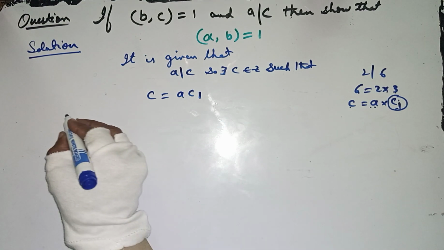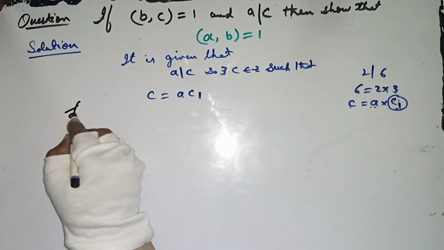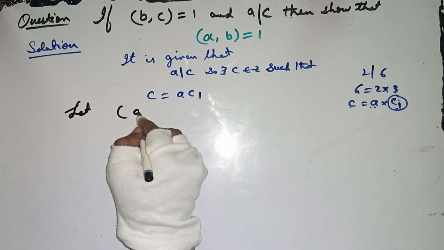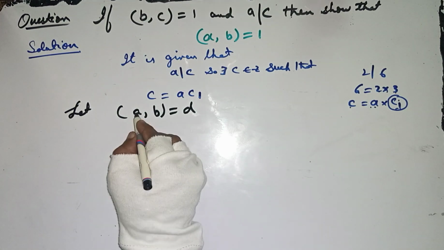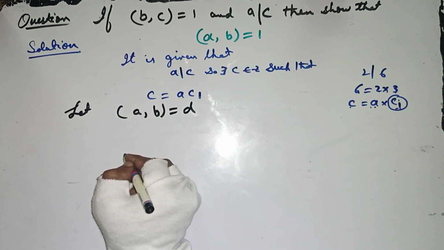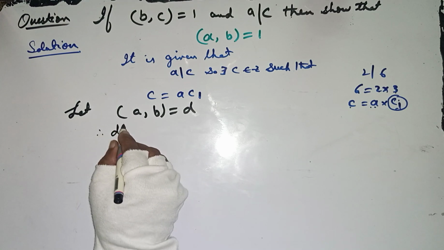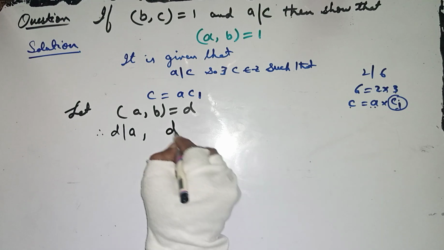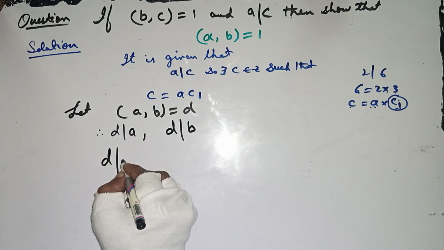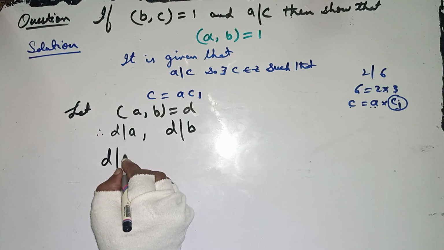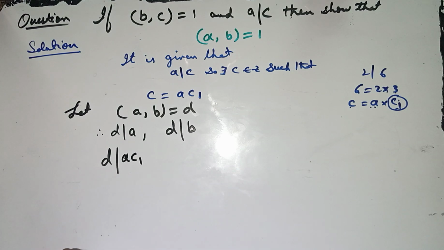Okay, let the GCD of A and B be D. We suppose that the greatest common divisor of A and B is D, therefore D divides A and D divides B.